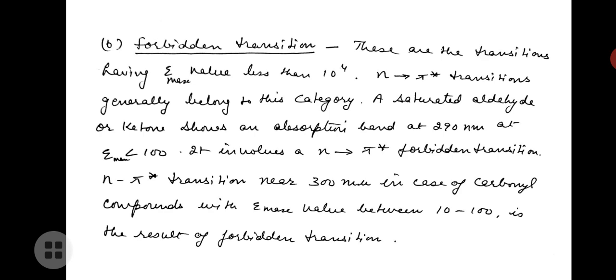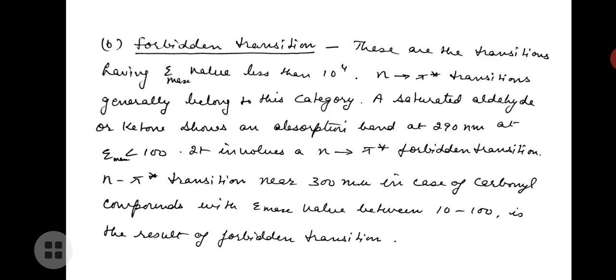Since n and pi star orbitals, that is non-bonding and pi antibonding orbitals, are perpendicular to each other, the jump of one electron from non-bonding molecular orbital to pi antibonding molecular orbital is geometrically poor. Therefore, n to pi star transitions are said to be forbidden transitions.